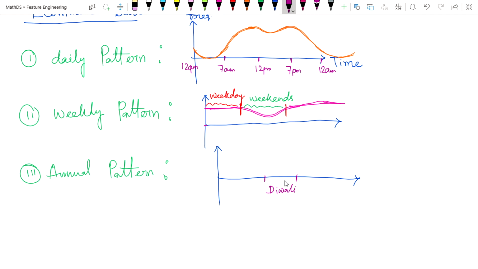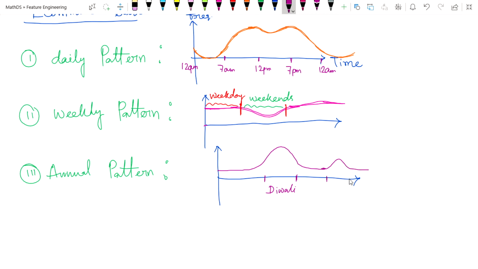And in Diwali, the e-commerce websites have given some kind of offers, like Big Billion Day, like Great India Festival, these kinds of things. So in general the pattern will look like this. As time progressed, in Diwali time it increased so much, and it's somewhat constant.